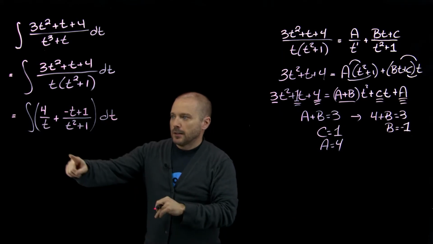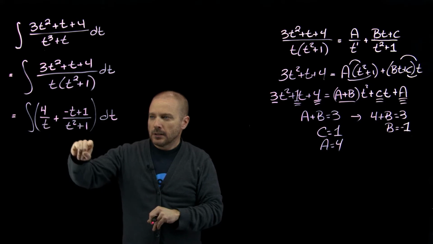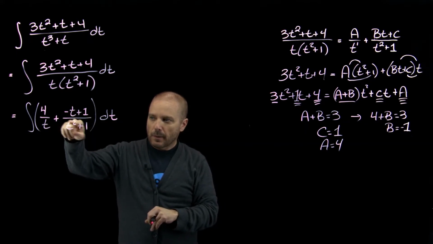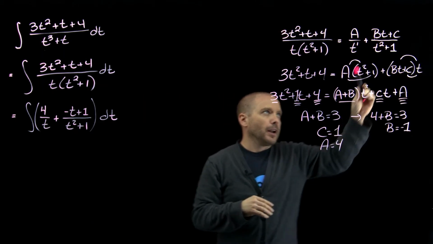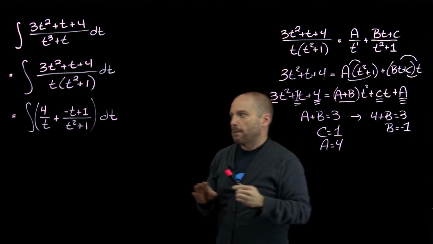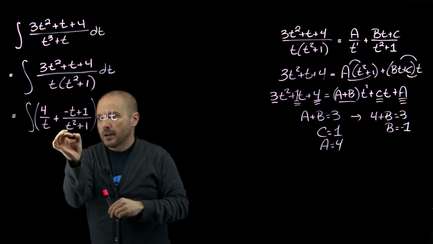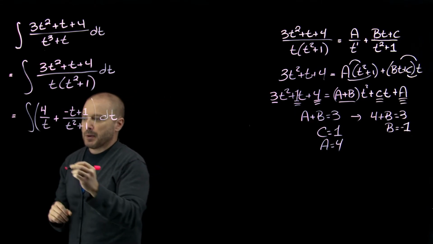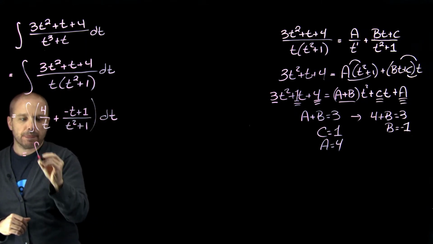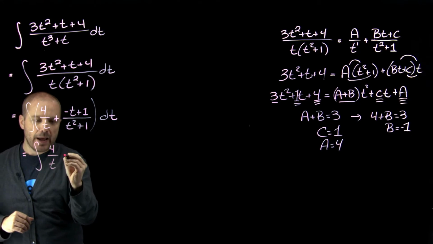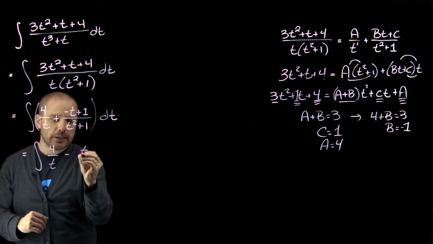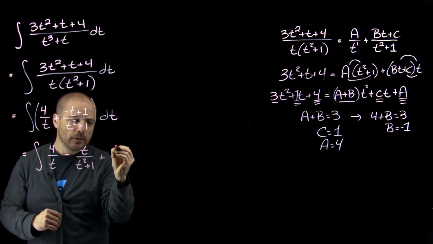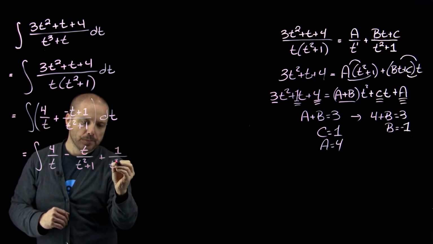Now, this one, we know that's natural log. This one, at this stage, no matter what had happened over here, we're going to have something times t plus a constant. Notice that no matter what those are, if we break that apart into 2 fractions, we'll always be able to integrate this. So the fact that that's quadratic does not mess things up. We've got -t over t squared plus 1, and we also have 1 over t squared plus 1.